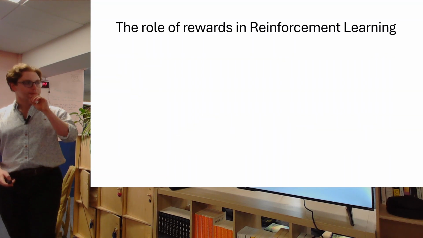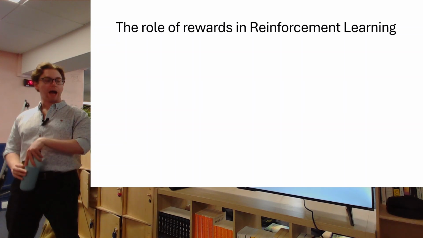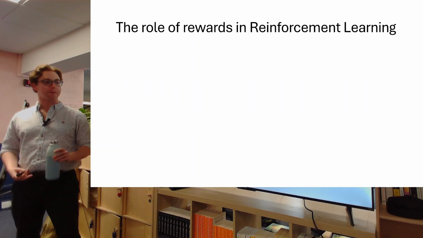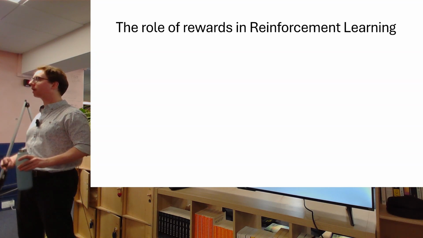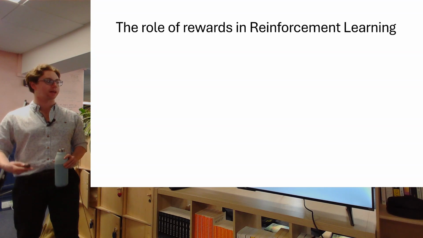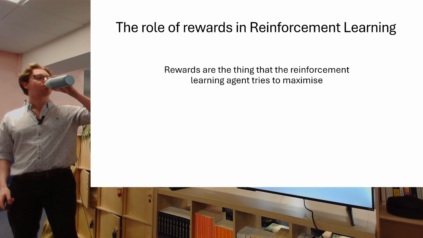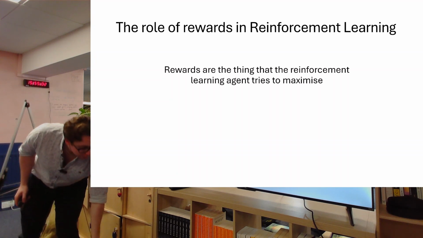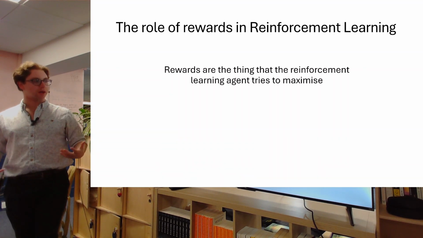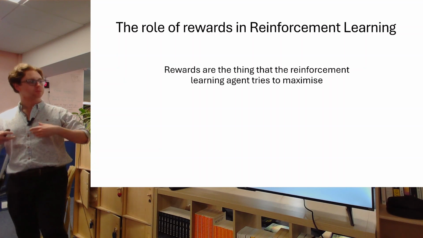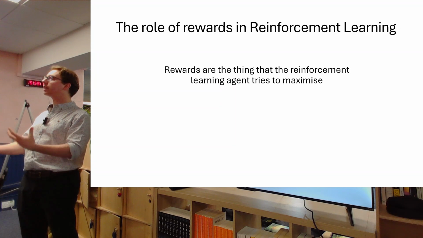All right. So to unpack the things that we just mentioned about how this happens and why it happens, I'm going to speak briefly about how rewards work in reinforcement learning, or how the correct way to conceptualize their operation is. A very standard way to understand what the reward function does in reinforcement learning is that rewards are the thing that the reinforcement learning agent is trying to maximize.